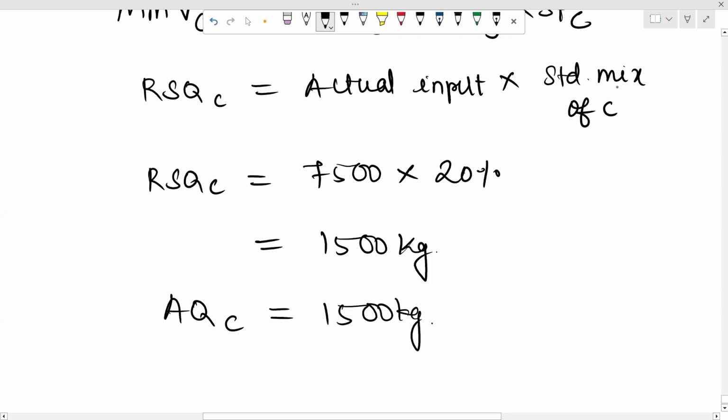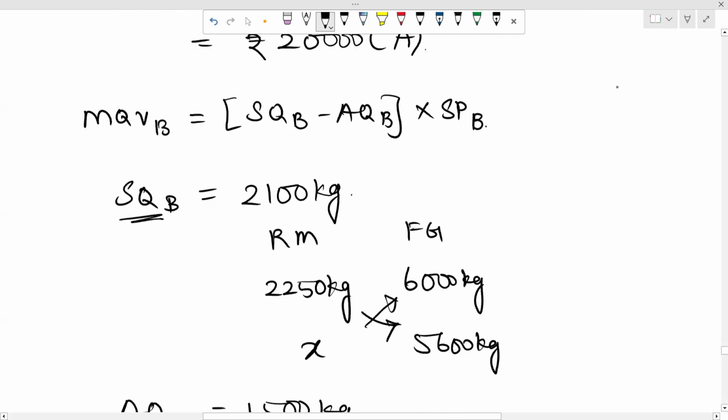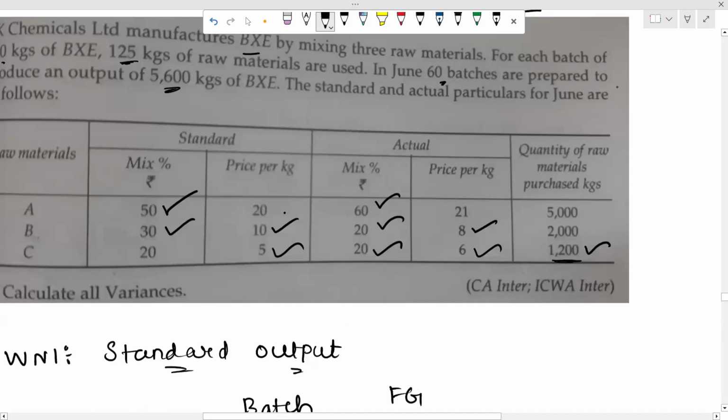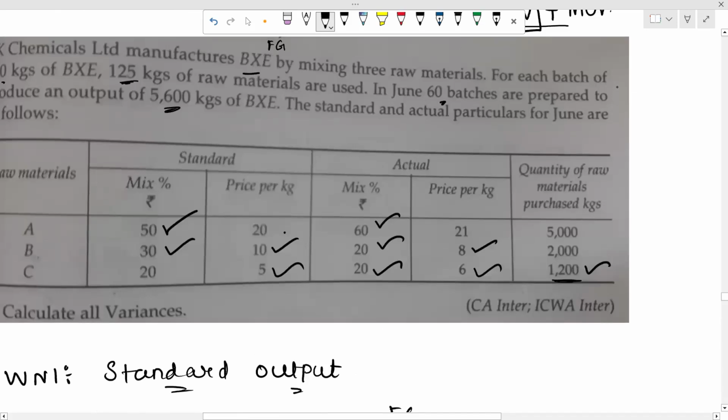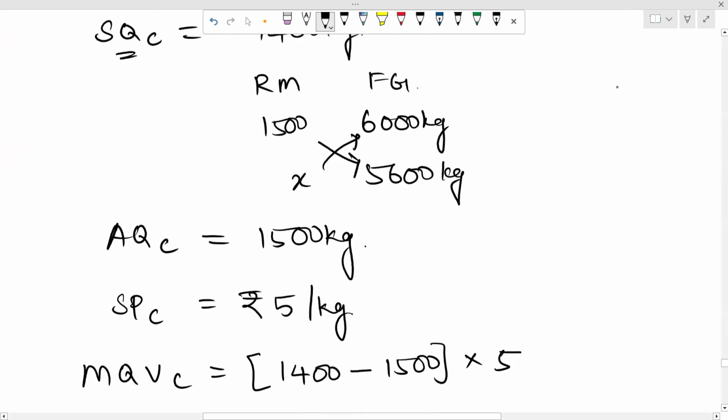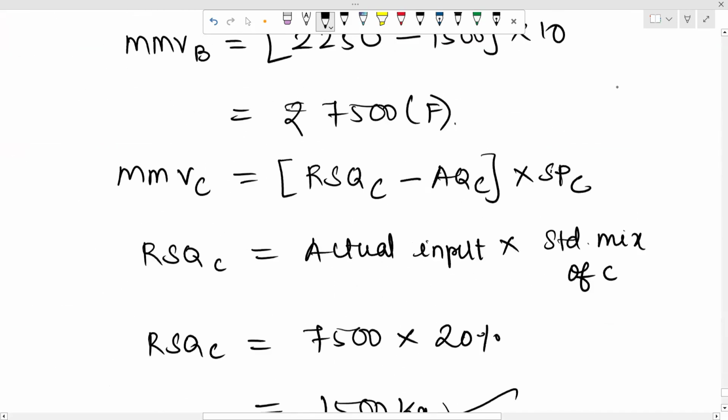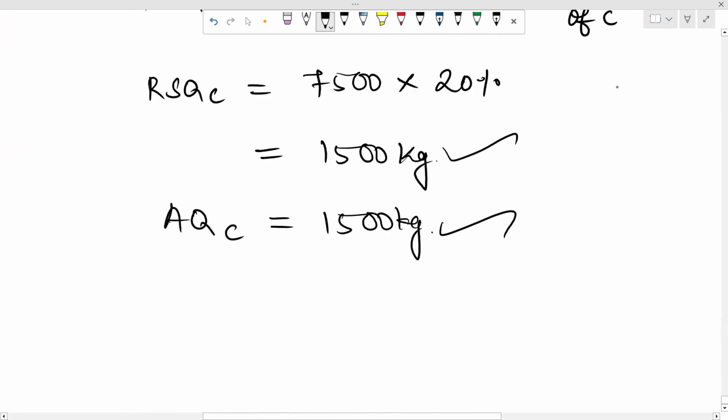Now, why is there no difference between the revised standard quantity and the actual quantity? Because when you look at the question, the standard mix is 20% and the actual mix is also 20%. So there is no difference between the standard mix and the actual mix. So there is no material mix variance, as simple as that. So actual quantity and revised standard quantity for material C are both 1,500 and 1,500.